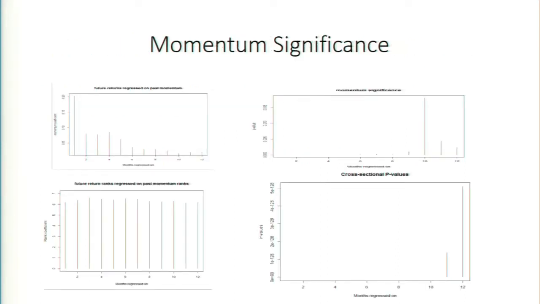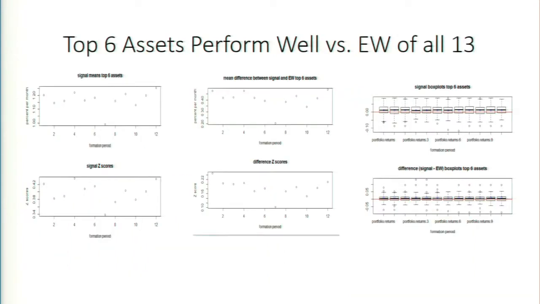So when we're talking about the statistical significance of momentum, then we have positive betas and extreme statistical significance for the sample, which was 2003 to 2009. And taking the top 6 assets against an equal weight of all 13, we're seeing a generally positive expectation, so you could see that there.